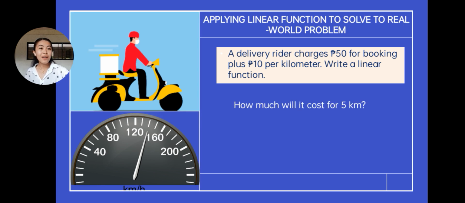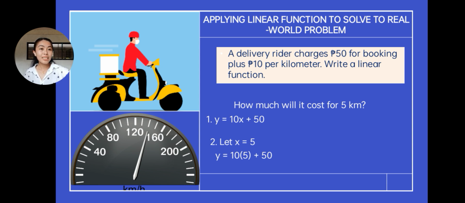Since we already have our linear function, let's try to answer this question. How much will it cost for 5 kilometers? So, what will we do here? Very good, we're going to plug in 5 in terms of x. So, we now have y is equal to 10 times the quantity 5 plus 50.